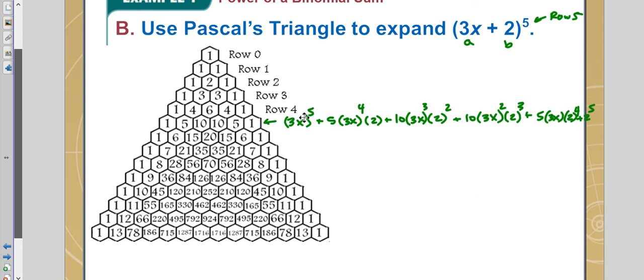We'd have to ask ourselves, what is 3 to the 5th? Let's see, 3 cubed is 27, so 3 to the 4th would be 81. 3 to the 5th is 243. So we would have 243x to the 5th power when I simplify that. Plus here, this was 81 times 5.